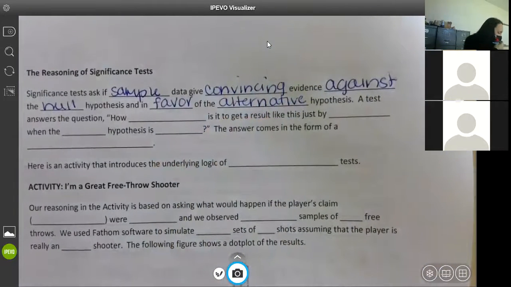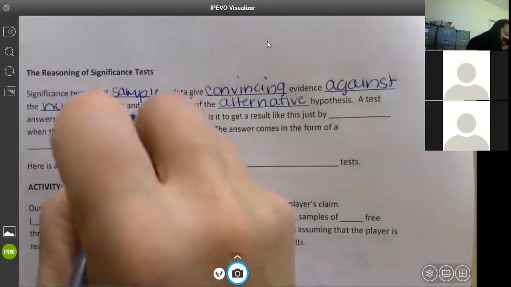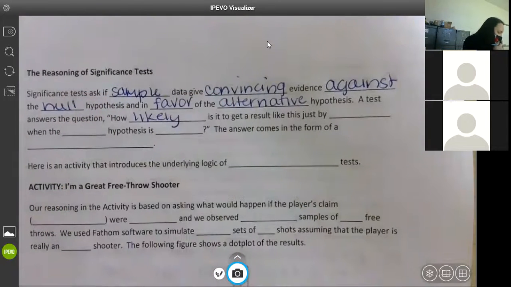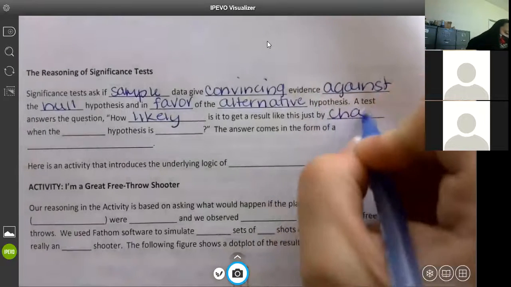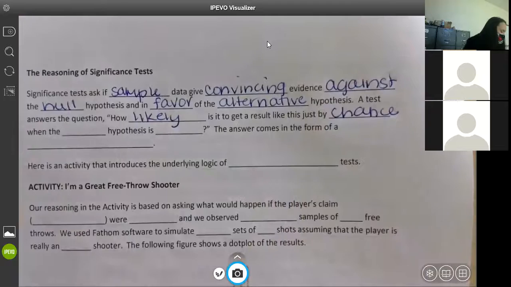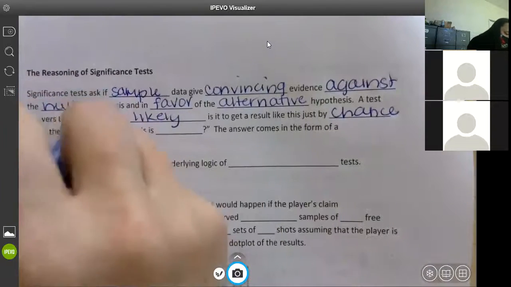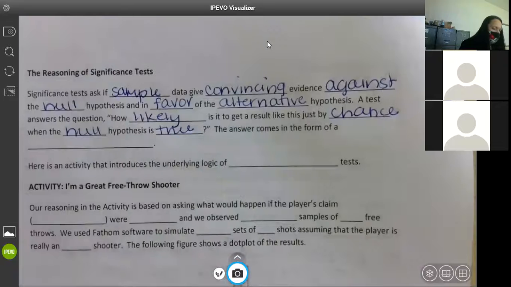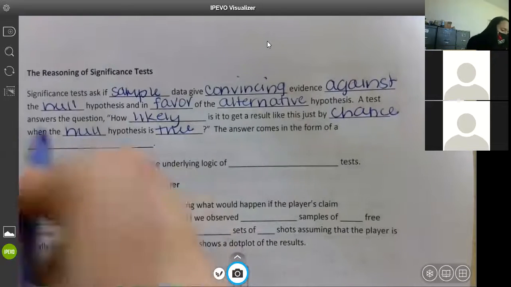A test answers the question, how likely is it to get a result like this just by chance when the null hypothesis is true? The answer comes in the form of a probability.